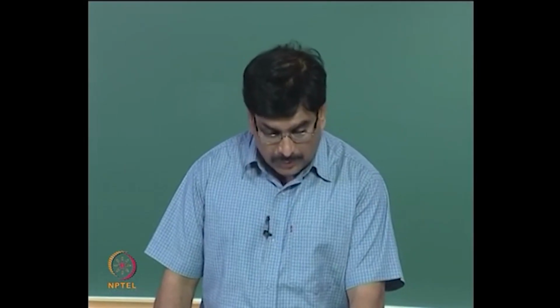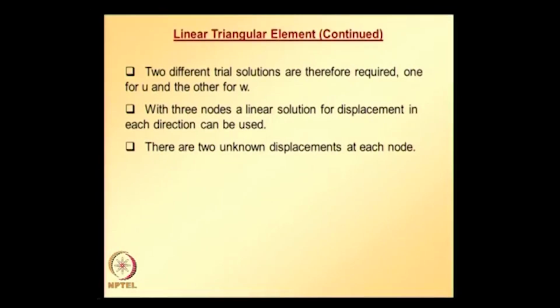Keep in mind, there are 2 unknown displacements at each node. So, the trial solutions for the displacement component in the r direction and the displacement component in the z direction look like this, and both these displacement components are going to be functions of r and z.